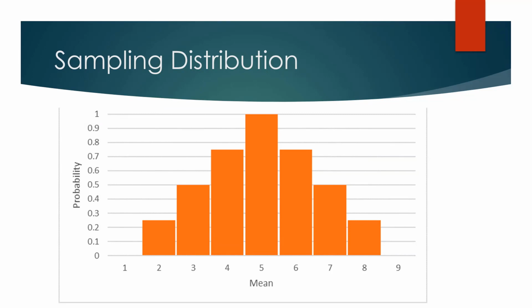It's more likely to find something near the average than far from the average, more likely in the center rather than the tails. So we have a greater probability of getting a sample mean from the center than from the tails, but getting one from the tails still could happen.